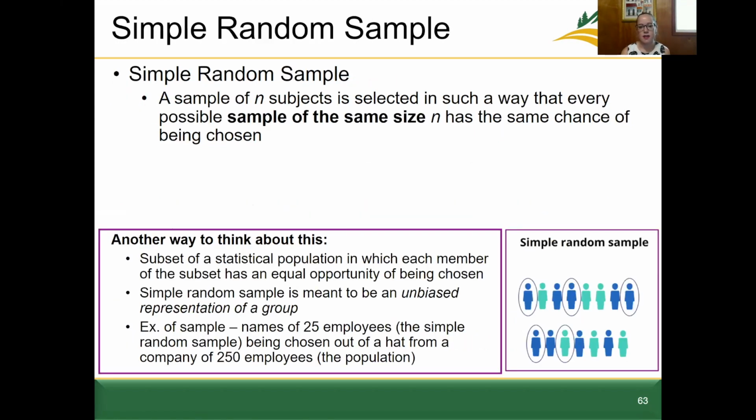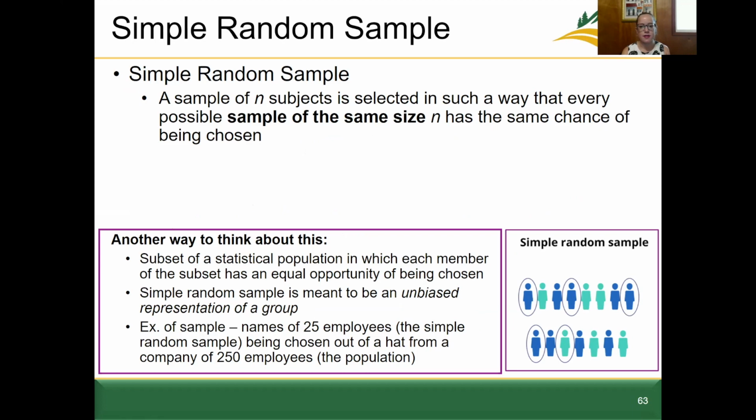Okay, so again, this concept of simple random sample, and I want you to read this definition a few times and read the section in your book. This is a sample of n subjects selected in such a way that every possible sample of that same size n has the same chance of being chosen. So let's say we have an entire population.